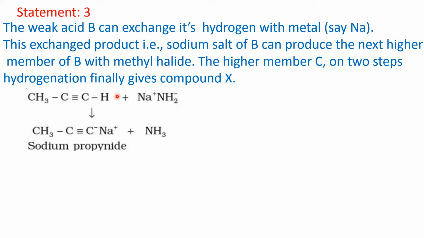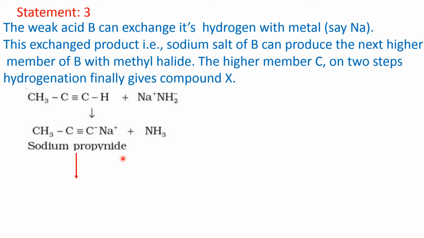So the hydrogen atom can be released as H plus. Okay. That's why acetylene or any alkyne is weakly acidic. So when it is treated with sodamide, this hydrogen atom can be replaced by metal. Here it will be replaced by sodium ion. So the product will be sodium propynide.